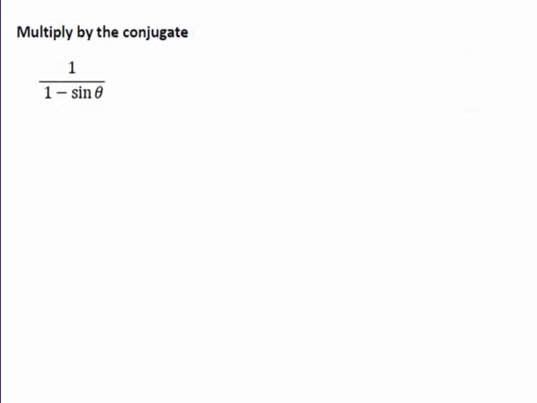Well, there's one last common one, and it's multiplying by the conjugate. And if you remember, conjugates are really just the factors in a difference of squares. Conjugate pairs, x minus y and x plus y, those are a conjugate pair.